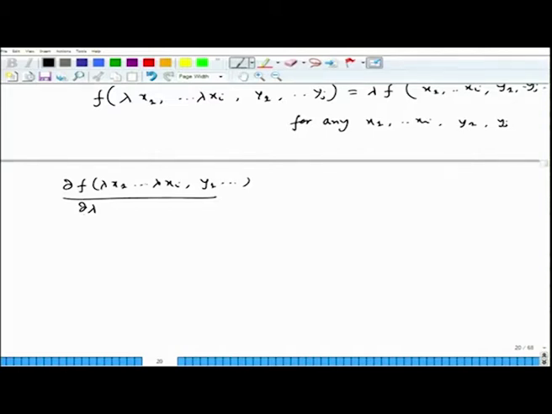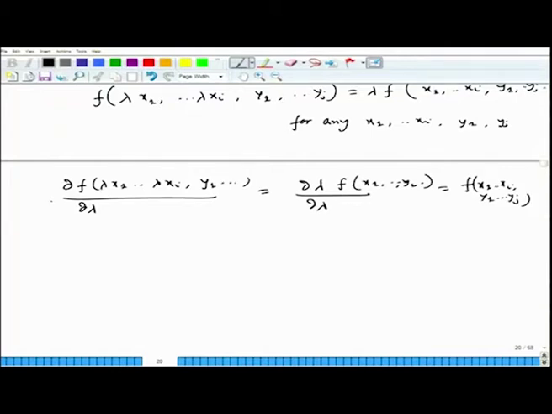Knowing this Euler theorem, we can write this expression as del by del lambda of f of x1 till yj, and since this is with respect to lambda, this is nothing but f of x1 to xi comma y1 till yj. So this derivative of f with respect to lambda is nothing but the simple function f.